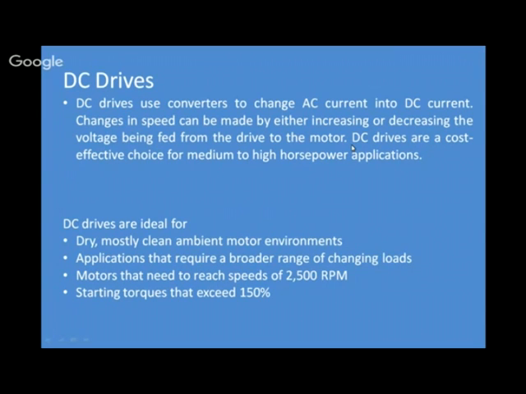So DC drives are a cost effective choice for medium to high power applications. These are some of the areas where we can use DC drives. They have starting torque exceeding 150% of the normal running torque. So, in applications where we require high starting torque, we can use DC motors.